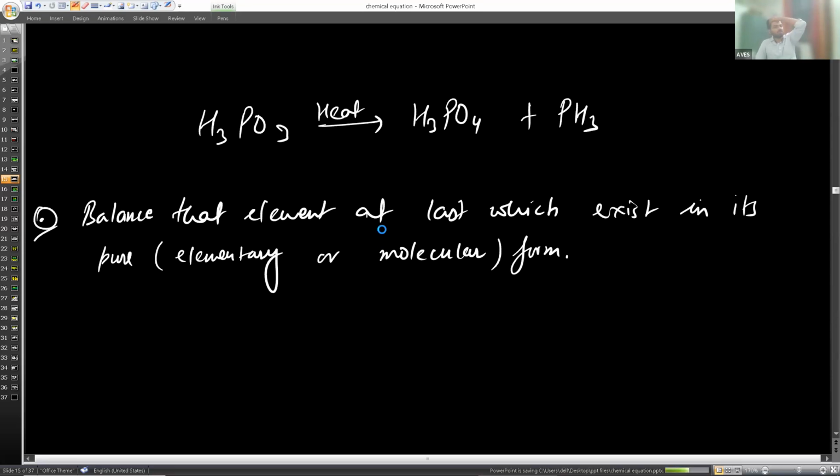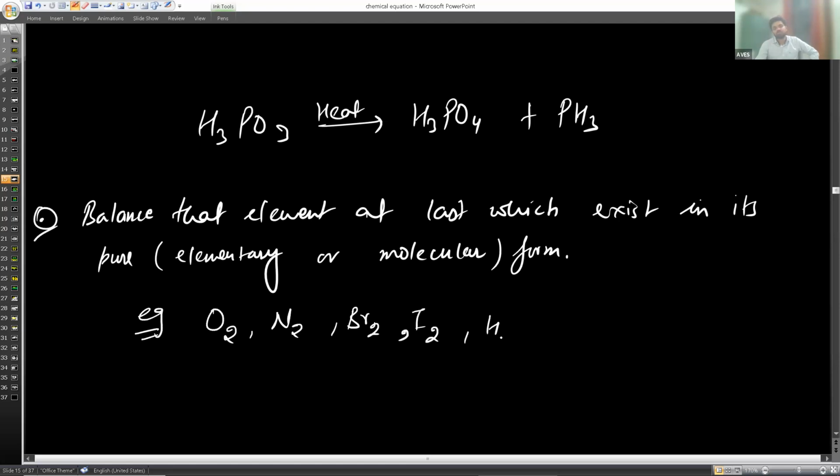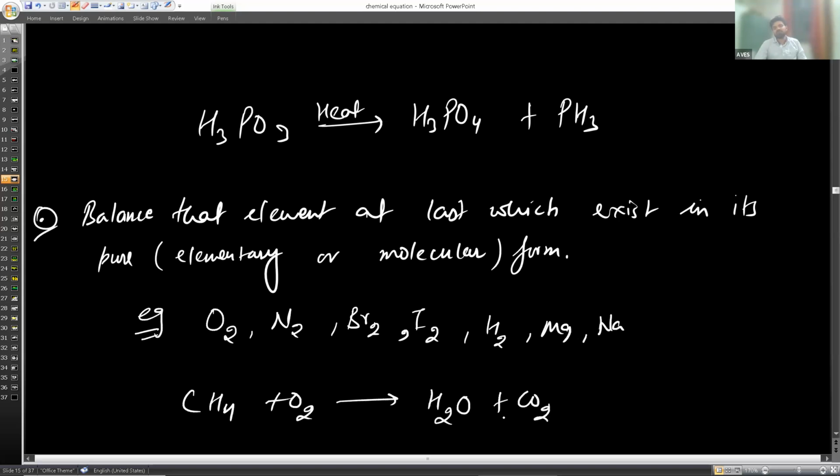So for example, if an element is written like O2, N2, Br2, I2, H2, Mg, Na, written alone. For example, CH4 when heated with oxygen gives you water plus carbon dioxide.